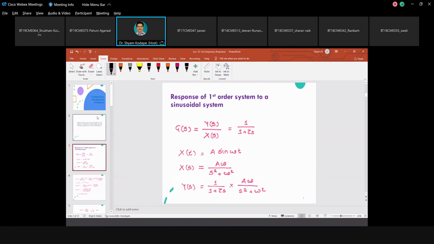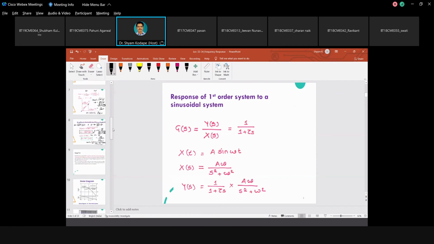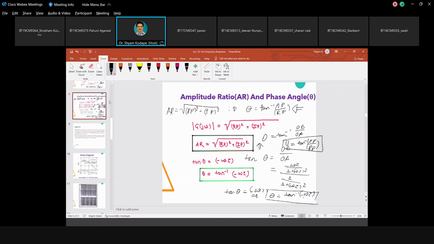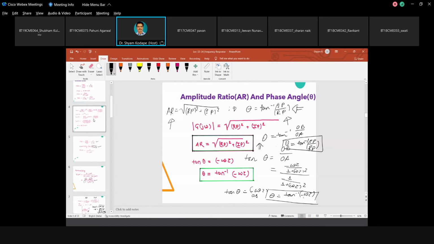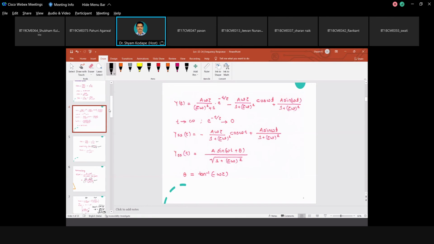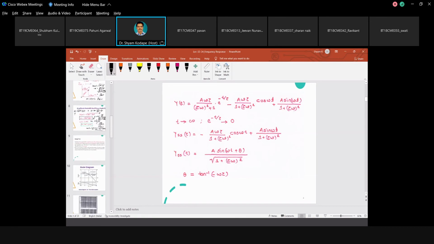Don't go for the inverse Laplace and all these things. Directly identify what the real part is and what the imaginary part is. Substitute the real part and the IP in the formula of AR, and you will get AR. Similarly, theta you can calculate with the help of the ratio of IP and RP, taking the tan inverse of that. The concept is that the calculations which we have done here can be omitted with the help of complex algebra.